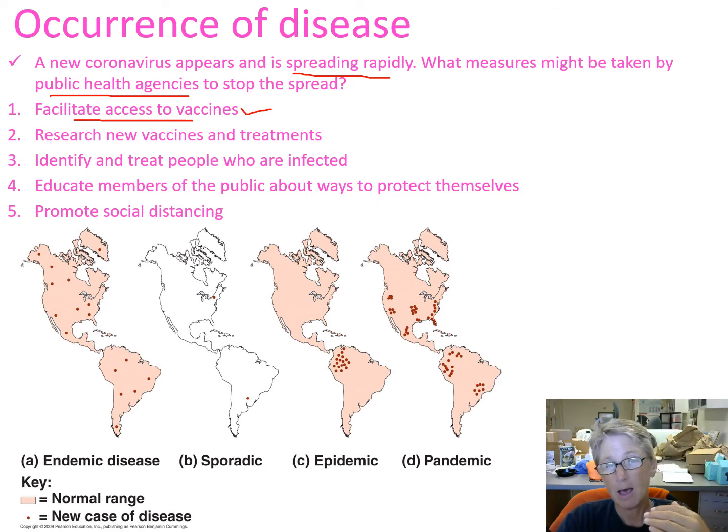And then after that, we want to facilitate access to vaccines, so make sure that everybody has access to the vaccine. We want to be able to identify people who are infected and treat them. We want to educate the public how to protect yourself, so social distancing and masks. And then promote social distancing, and promote wearing face masks.